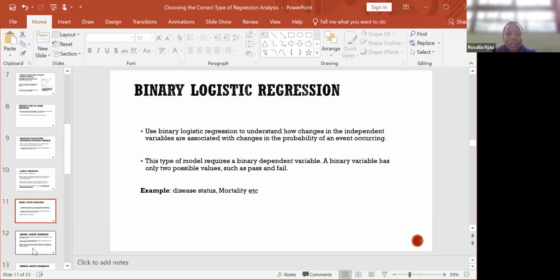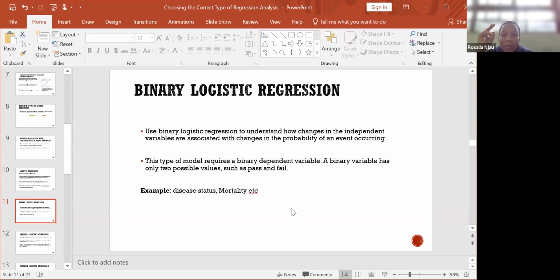So we have binary logistic regression. Here we use binary logistic regression to understand how changes in the independent variables are associated with change in the probability of an event occurring. This type of model requires a binary dependent variable.